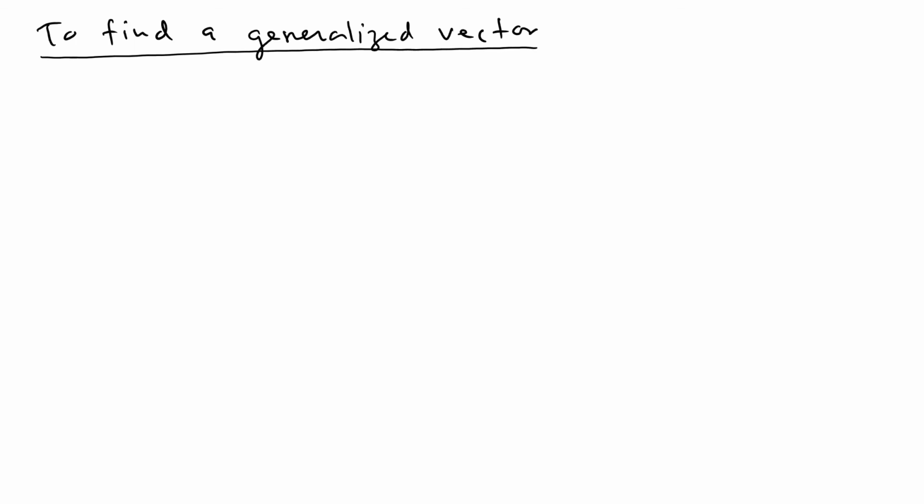So let's say, to find a generalized vector, what we can do is use the standard argument. Let v be an eigenvector of lambda equal 5.